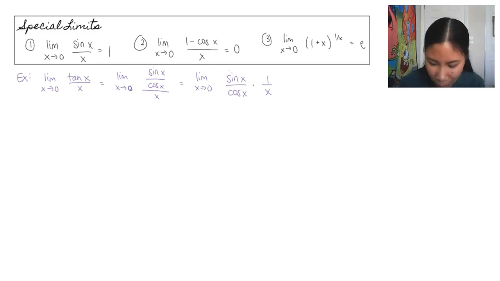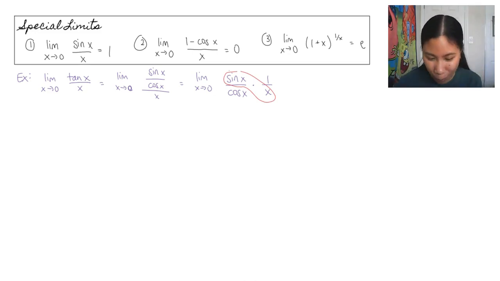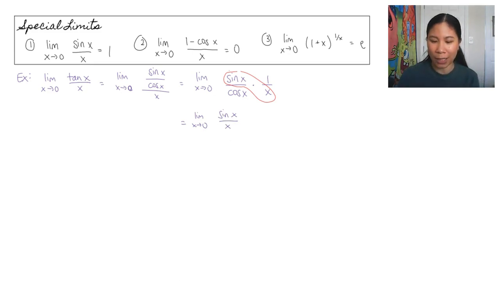If I write it this way, I can see that I'm going to end up with sine x over x, and that allows me to use the first property. So I'm just going to reorder some things. I'm going to change it so that I have sine x over x, and then it's going to get multiplied by 1 over cosine x.